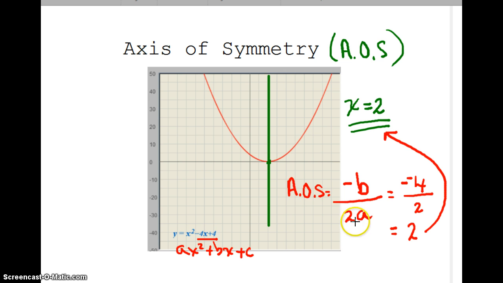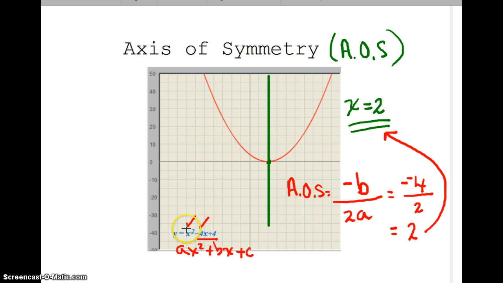So the axis of symmetry can be found when we have one solution by looking at the vertex, locating where the vertex touches the x-axis, and then creating the x equals equation. Or we can use the equation itself, negative b over 2a, and plugging in the values from the original equation.